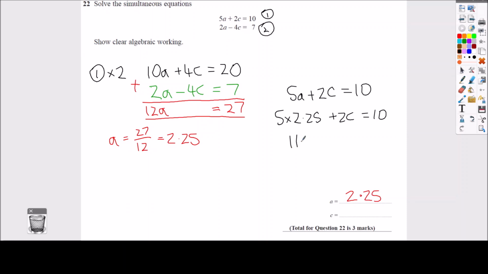So 11.25 add 2C equals 10. Taking away 11.25 from both sides, we get 2C equaling minus 1.25. If you then divide both sides by 2, so you halve this, minus 1.25 divided by 2 is minus 0.625. So C equals minus 0.625.